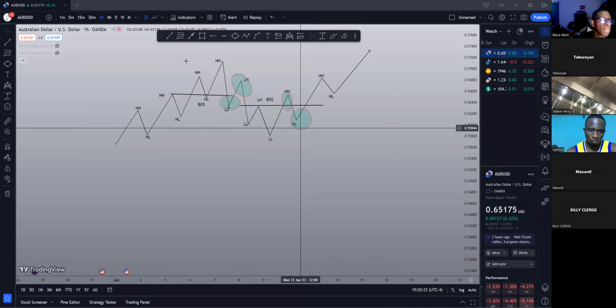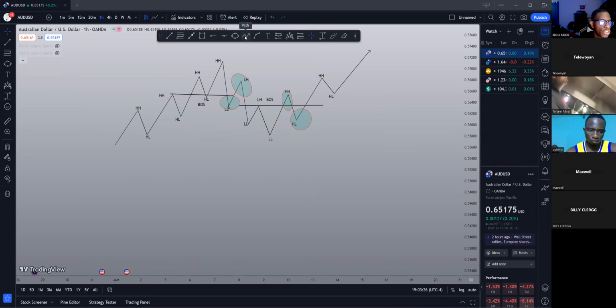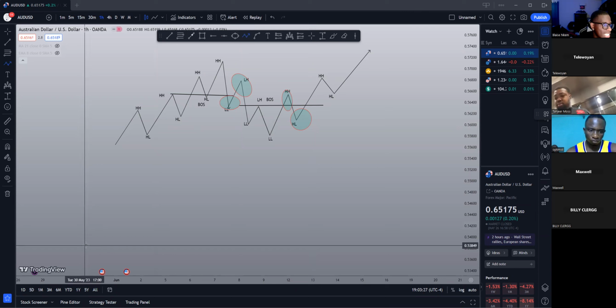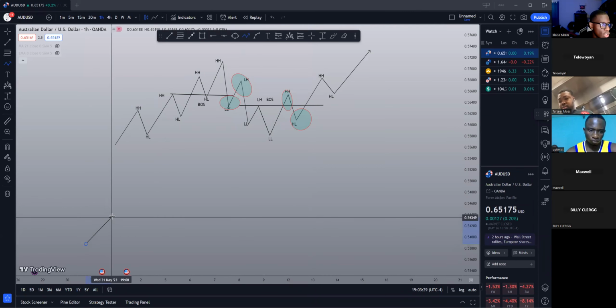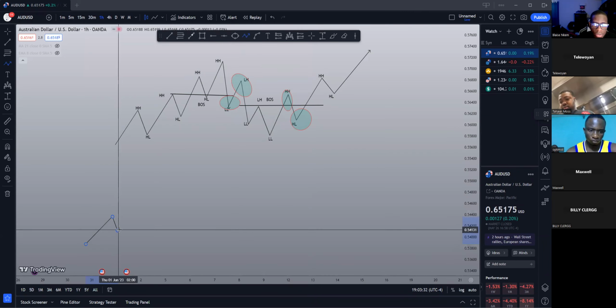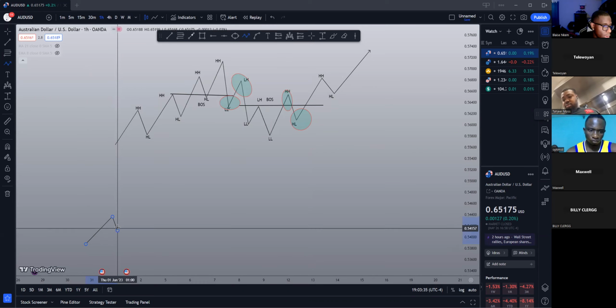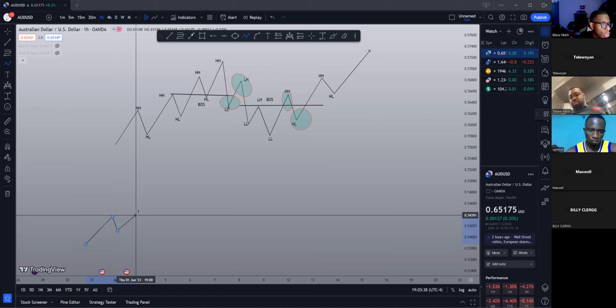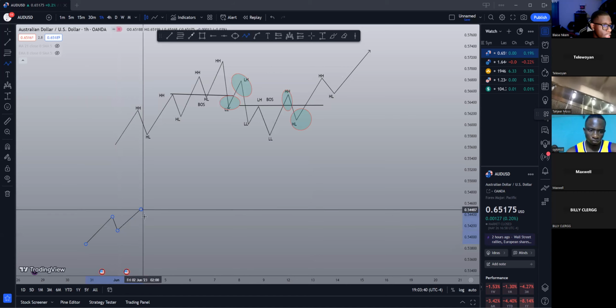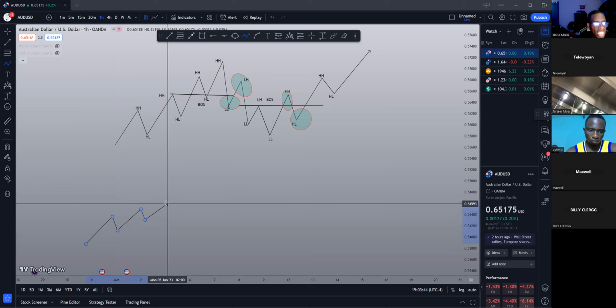All right, good. So now when we're validating structure, we're talking about that same thing for an uptrend. We said that it's going to increase higher highs and higher lows.